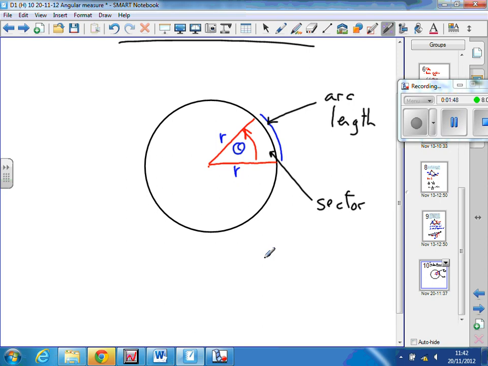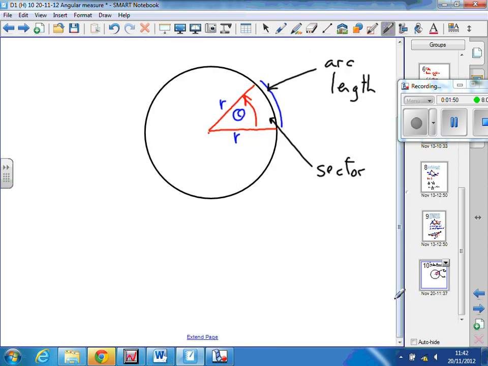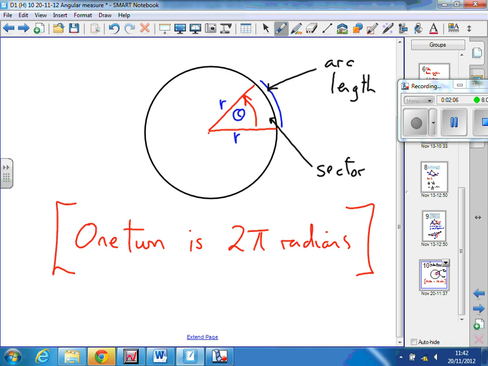So 1 turn is 2 pi radians. And that's an important thing to remember. If we measure angles in radians, 2 pi radians is a complete turn. And we know that that's 360 degrees.